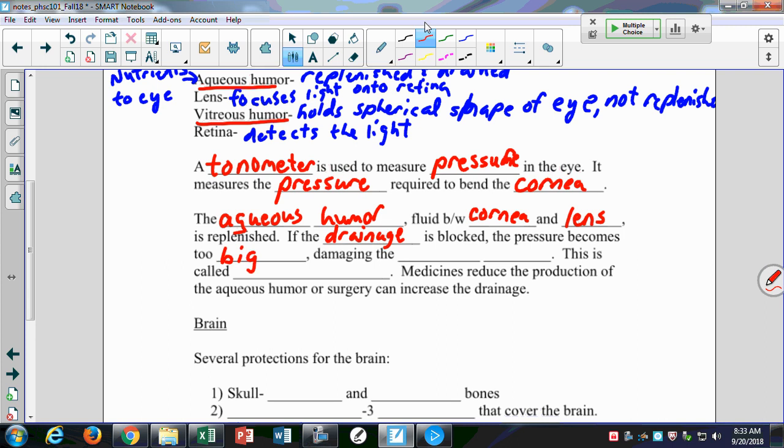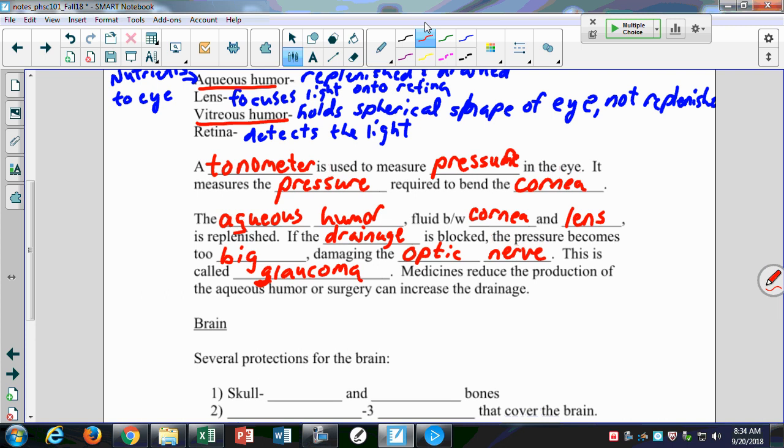That's glaucoma. This can damage the optic nerve. This is called glaucoma. There is surgery, or there are medicines that can reduce the amount of fluid that you're producing. But that can be a serious issue, if you have too much pressure in there.